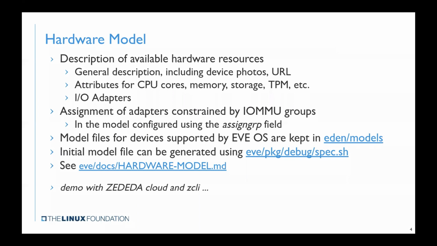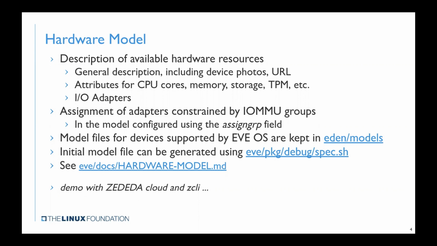The hardware model, as I mentioned, is a JSON file which contains a description of available hardware resources. There is some general description which should include a link to device photos, ideally front and back. This is because on the device enclosure, you may have printed labels next to input-output ports, like network interfaces.